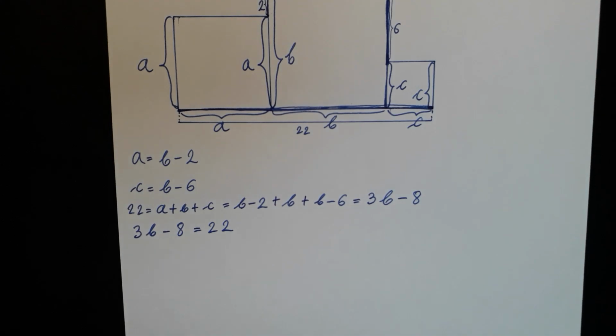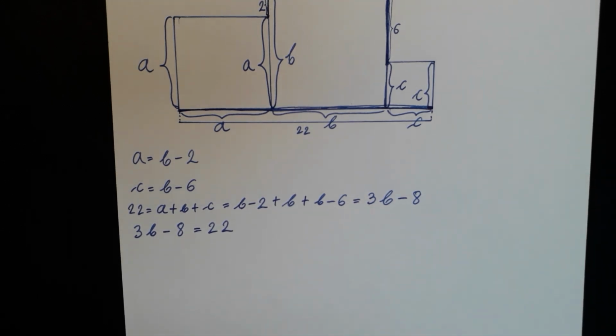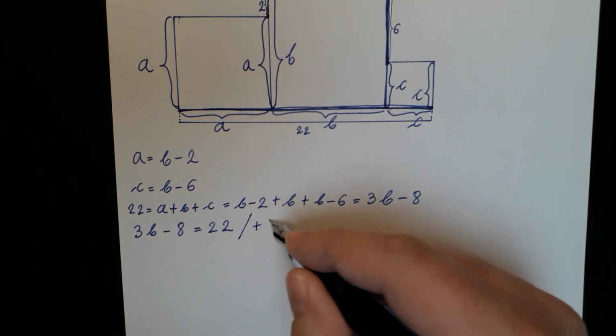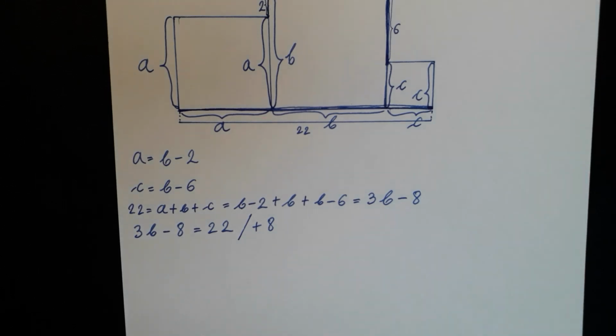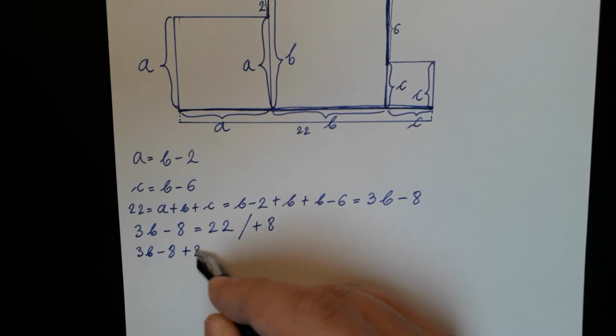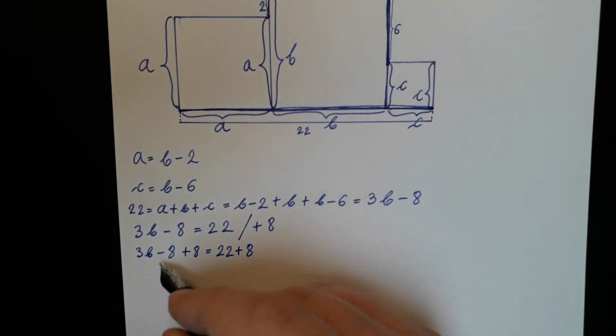And we can solve this equation for b. To solve for b here, we have to get rid of this negative 8 on the left side of the equation. We are going to do that by adding 8 on both sides of this equation. So we get 3b minus 8 plus 8 is equal to 22 plus 8.